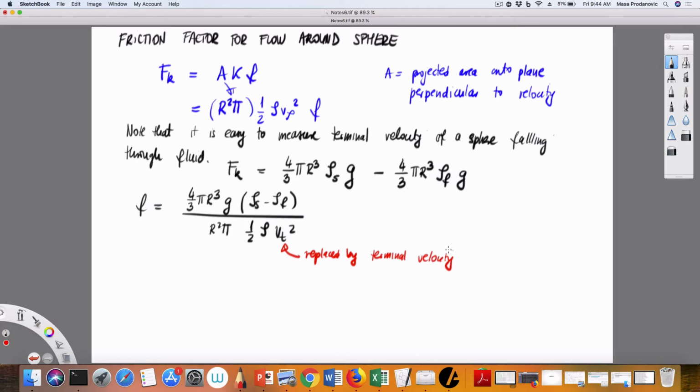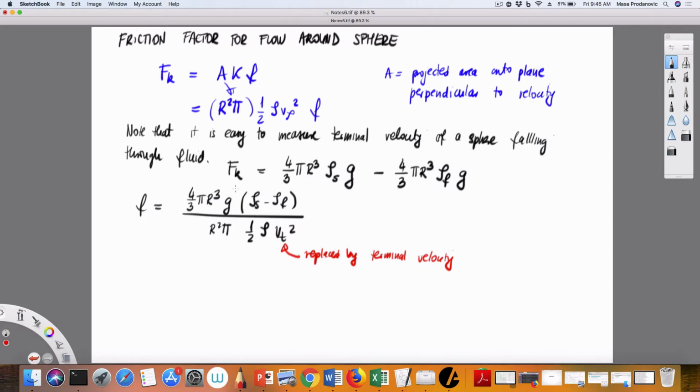So I kind of flipped the reference systems. In our general analysis of the sphere, I have fluid moving around the sphere. In this case, I have the sphere moving, and the fluid is technically static, at least far away from the sphere. Who is moving depends on where you're sitting, on the sphere or outside of it. So that gives me the friction factor definition for a sphere.